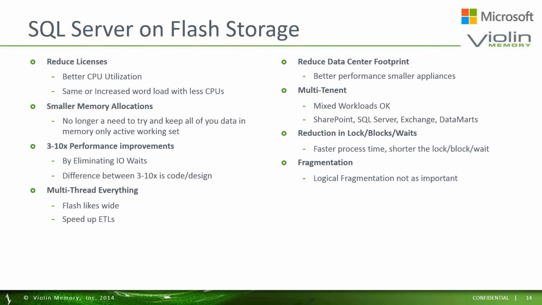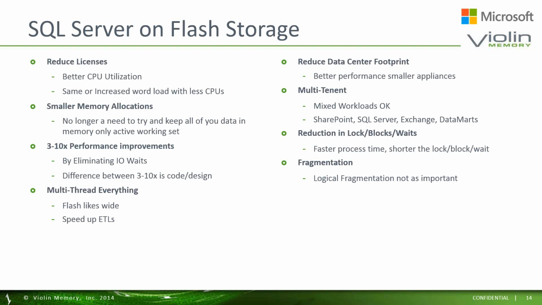We've seen anything from 3 to 10x performance improvements just by plugging this in. And that's not percentage, that's X. And honestly, the difference between the 3 and the 10 is code and design. Multi-thread things now. Before, especially for data warehouse applications, if you follow a Fast Track methodology or typical data warehouse methodology, you tended to take all your data and massage it, and then set MAXDOP to 1 and single thread it to all your disks.